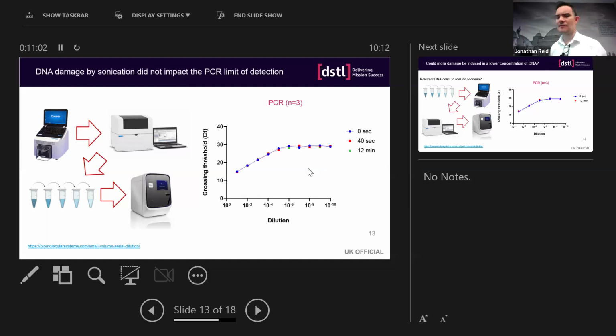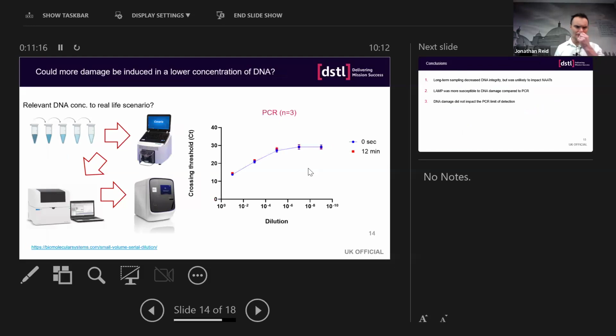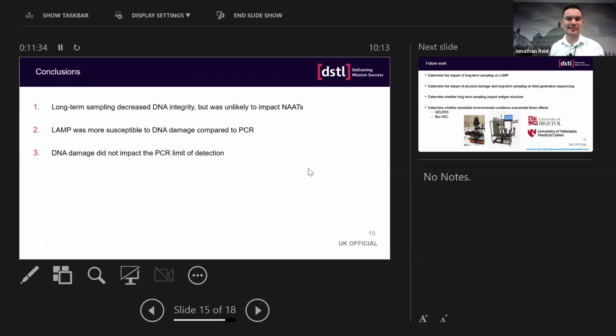And you can see from the graph on the right, even with sonication time of 12 minutes, those traces are almost identical to the control. Just to address the question of whether the concentration had an effect and whether it was more realistic to real life, we changed the method ever so slightly, diluted the samples, sonicated them, ran them on the PCR instrument, and again, there was very little difference.